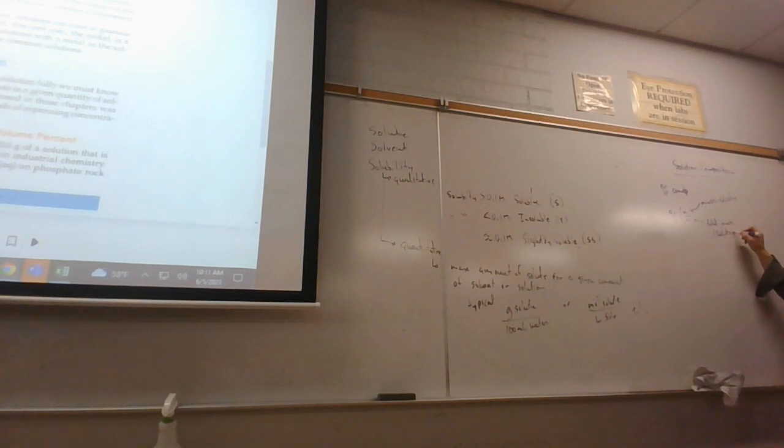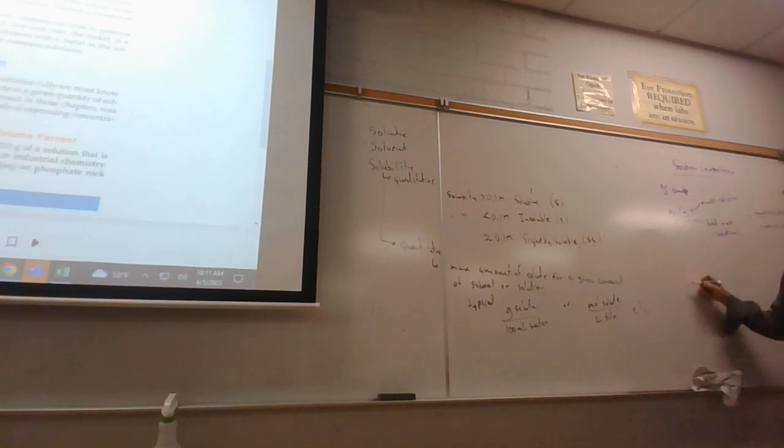Solution is the total. And that's just equal to the mass of solute divided by the mass of solution times 100%. Then we'll have all the variations of percent. Percent is part per 100.